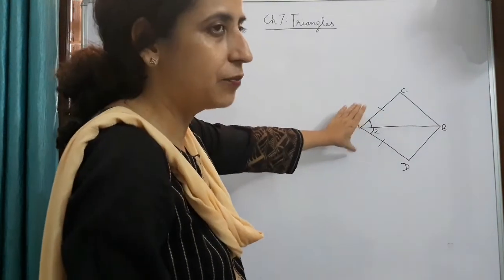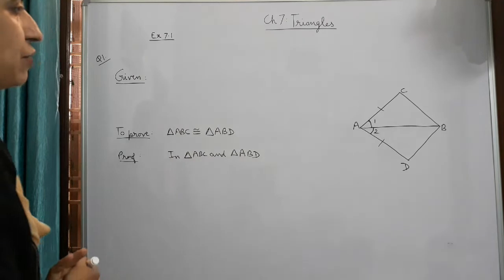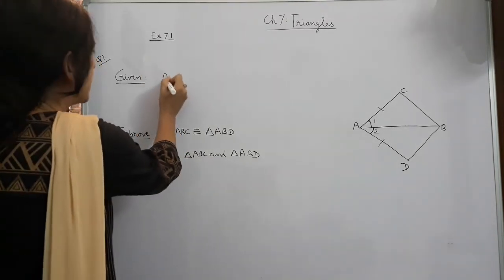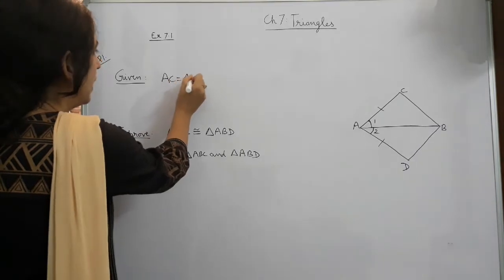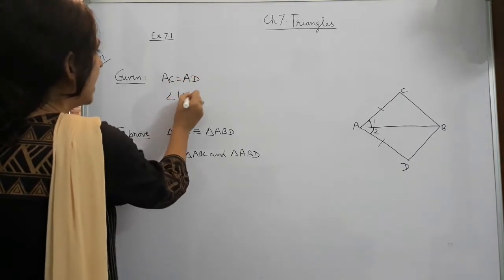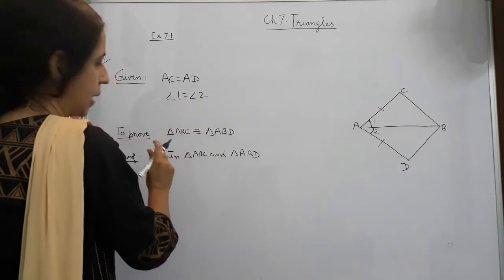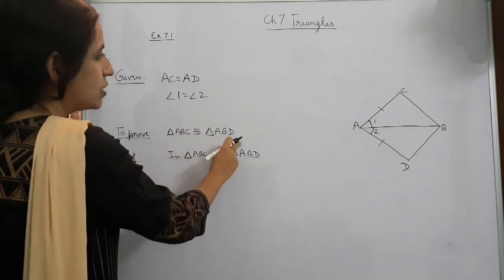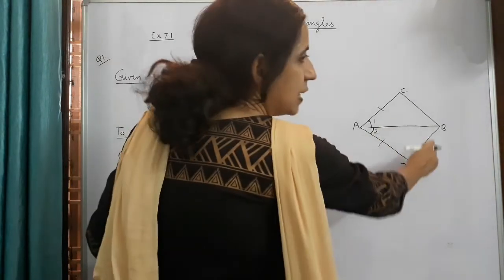So draw the figure and now let us write down given. So in this question it is given to us that AC is equal to AD, angle 1 is equal to angle 2. And we have to prove that triangle ABC is congruent to triangle ABD.